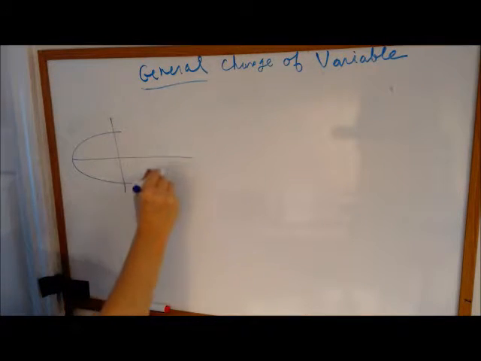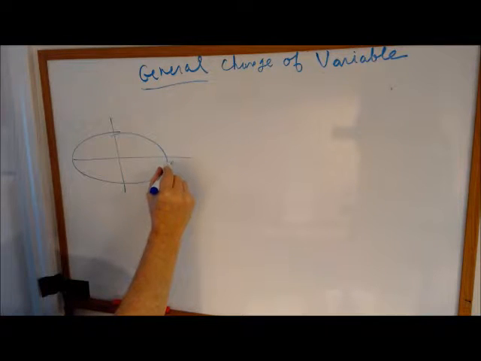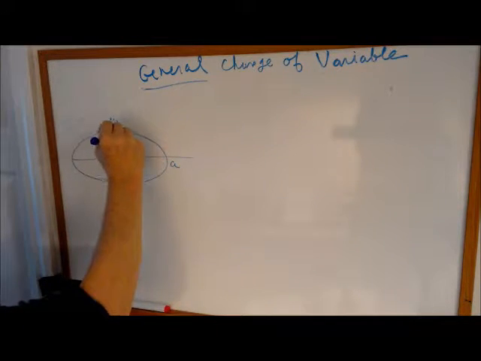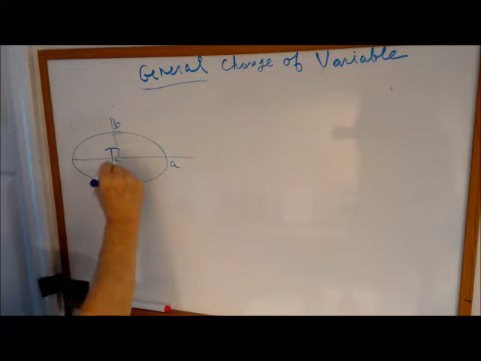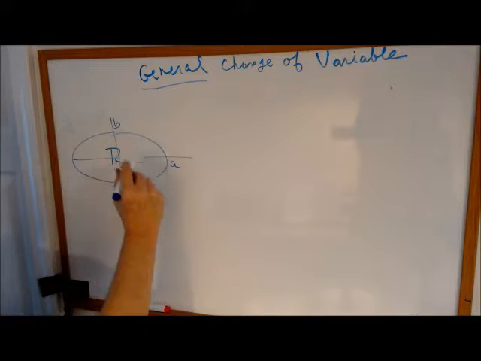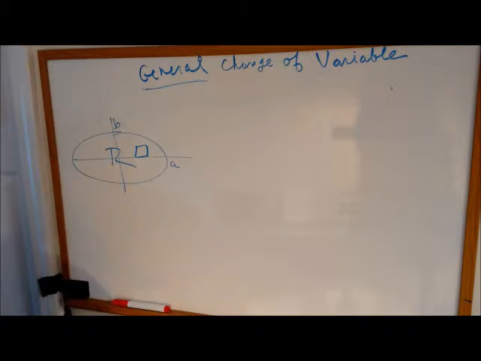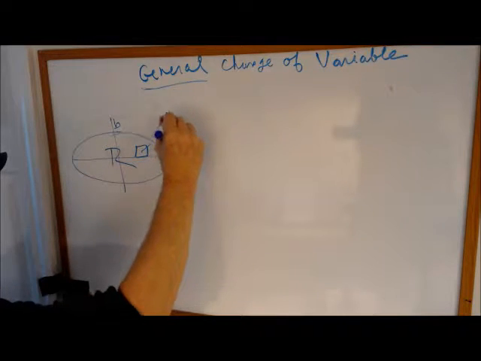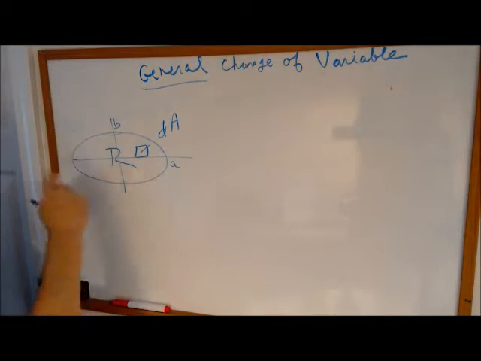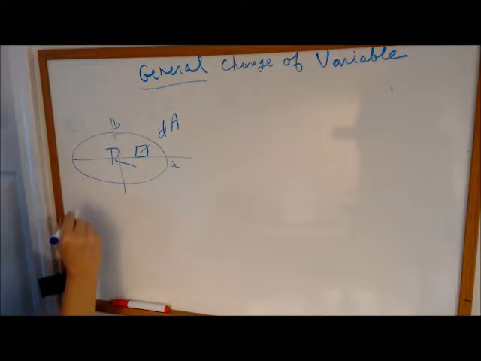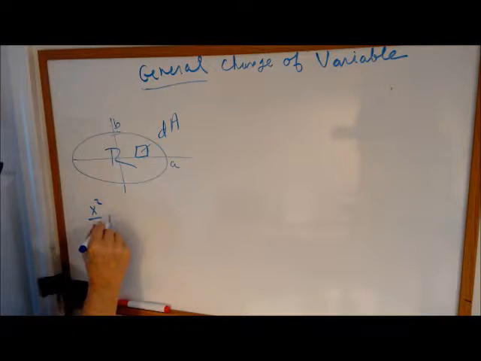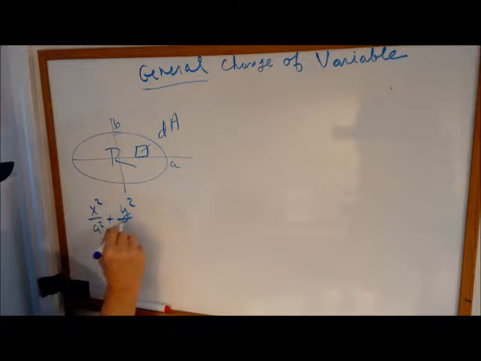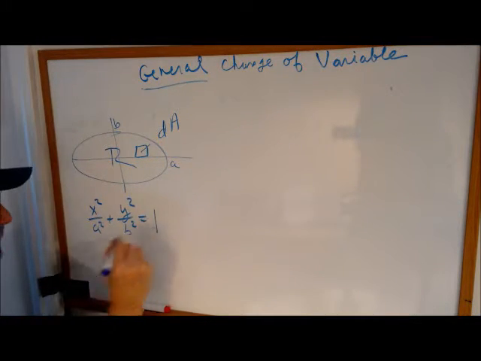We'll work with an ellipse, and this value will be A, and this value would be B. So here's our region, and here's our dx dy, or dA, if you like. So what's the equation for the ellipse? Well, if we recall, it's x squared over a squared plus y squared over b squared is equal to 1.